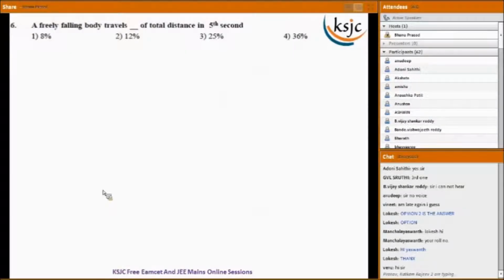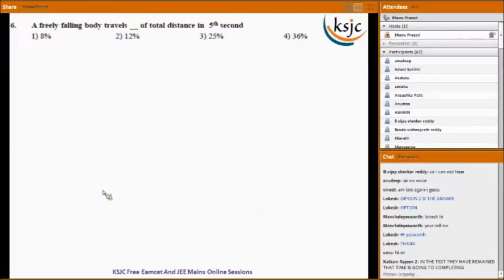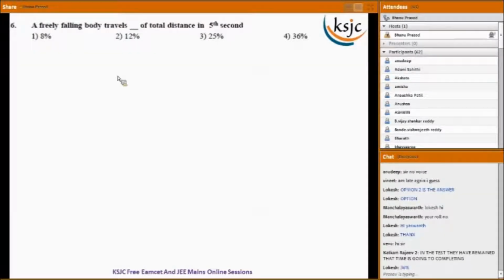Now the next question, a freely falling body travels what percentage of the total distance in 5th second? So distance traveled in the 5th second, d5 by s5 into 100 will be the percentage of it.